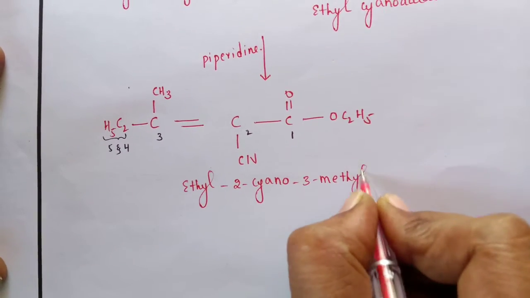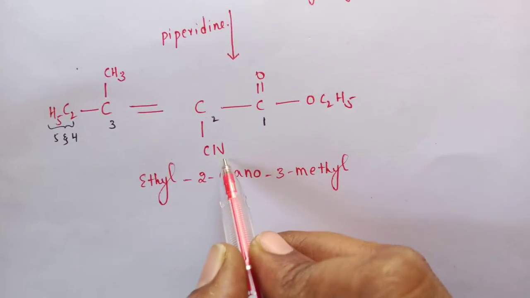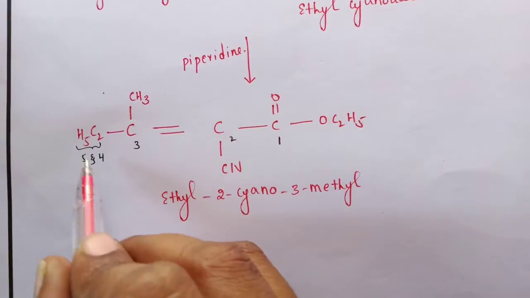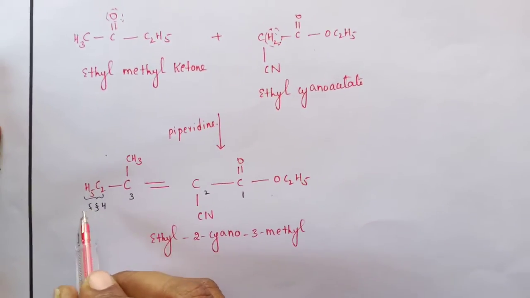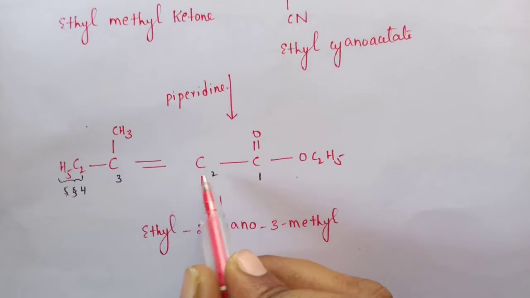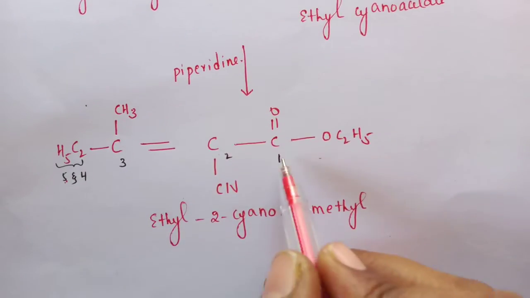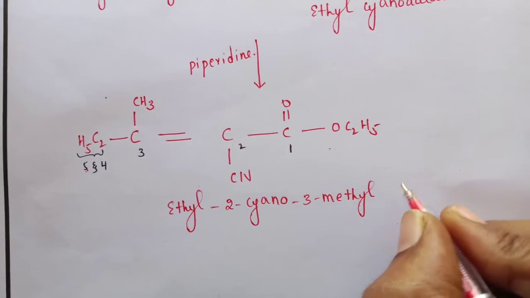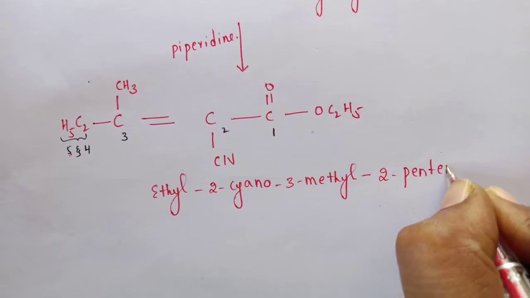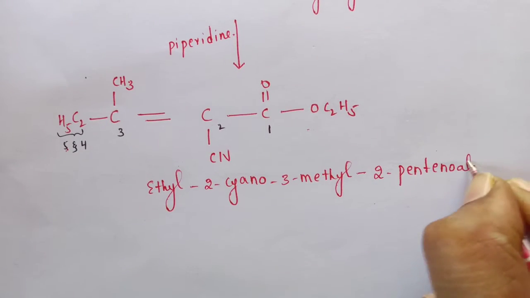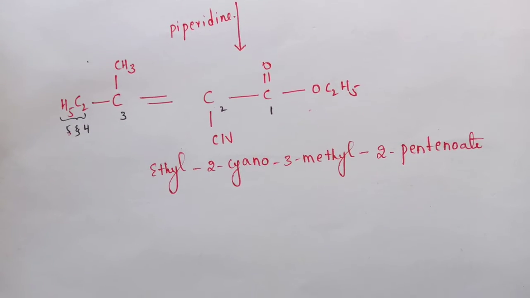These are the substituents. The parent possesses 5 carbon atoms, with a double bond at the second position and an acid derivative. So the name of this acid is 2-pentenoate. This is the intermediate we are getting.